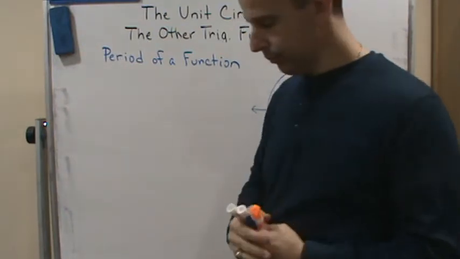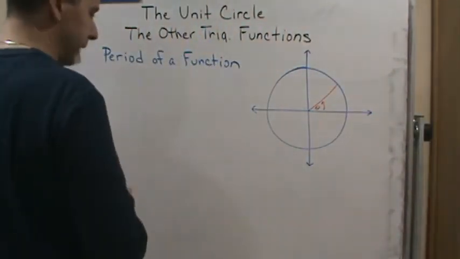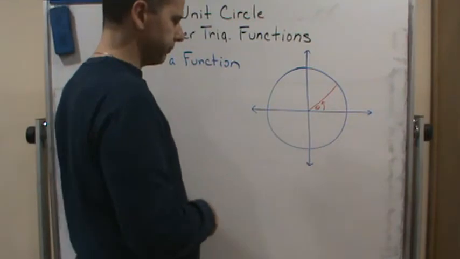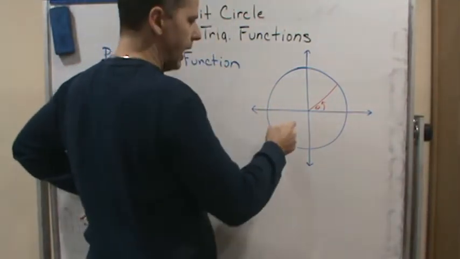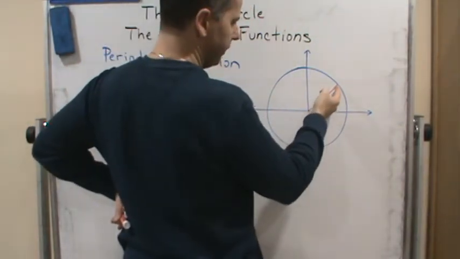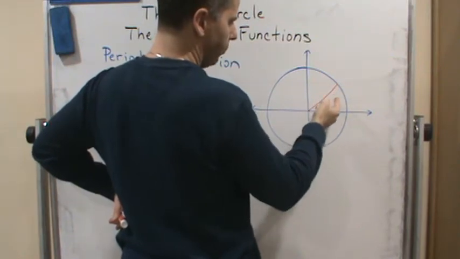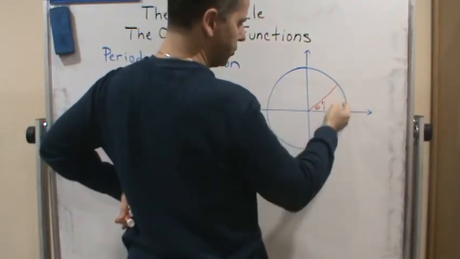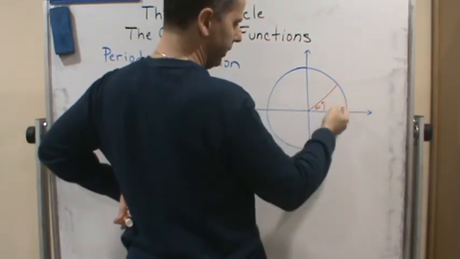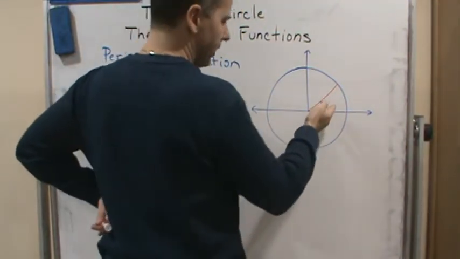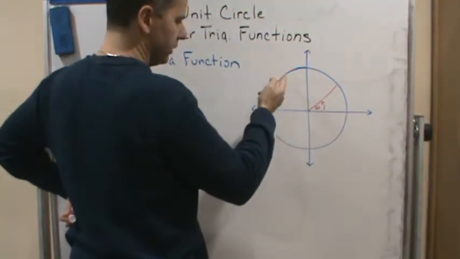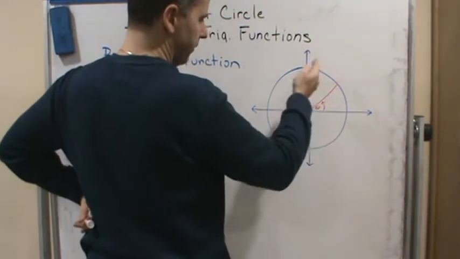For example, when we look at sine, the sine of an angle, we represent sine as y, the y distance. So the y changes as a function of theta.